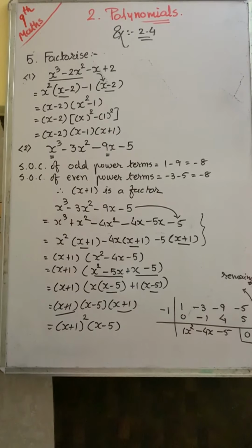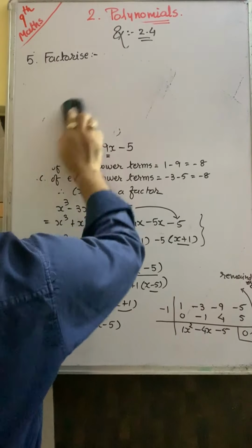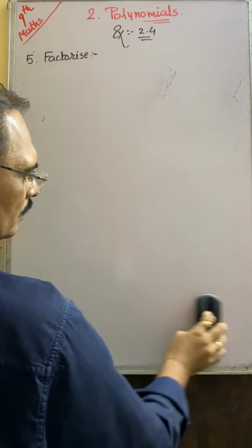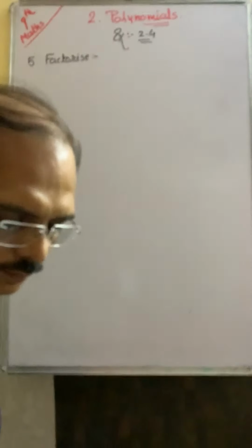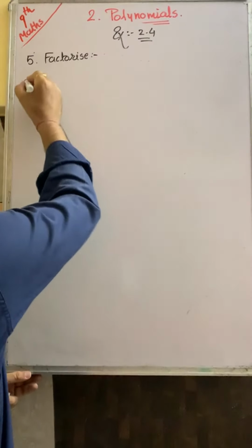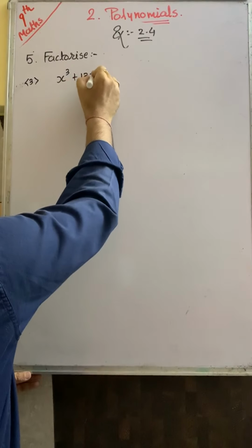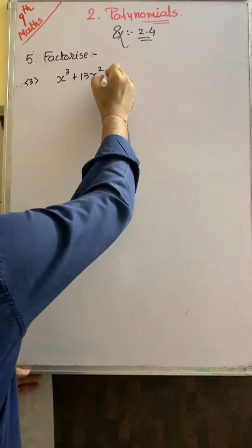Now question number 3. x cube plus 13x square plus 32x plus 20.